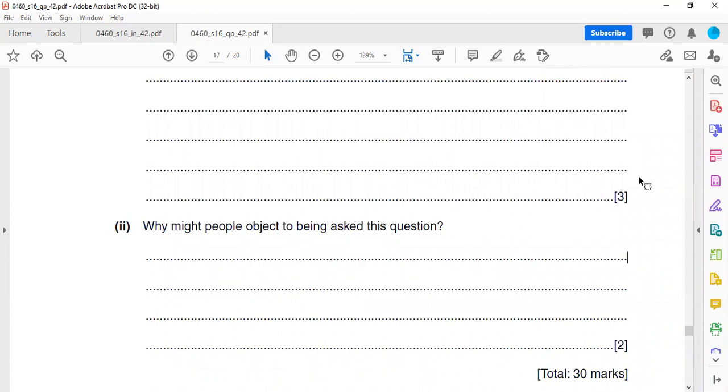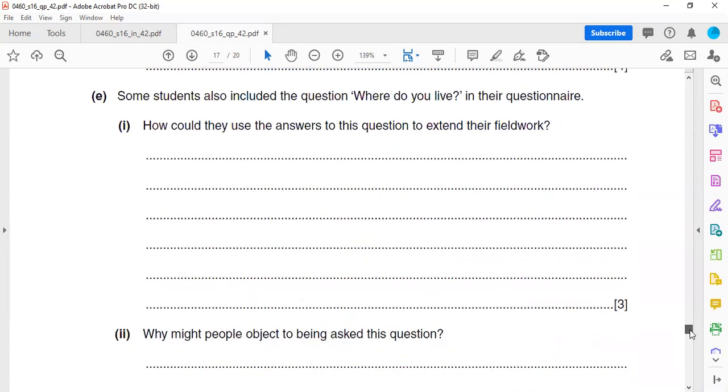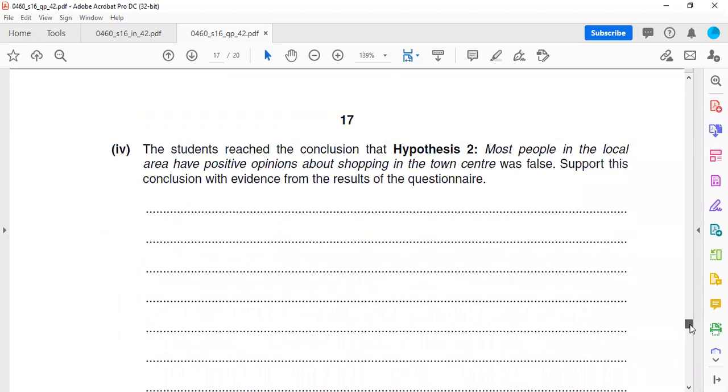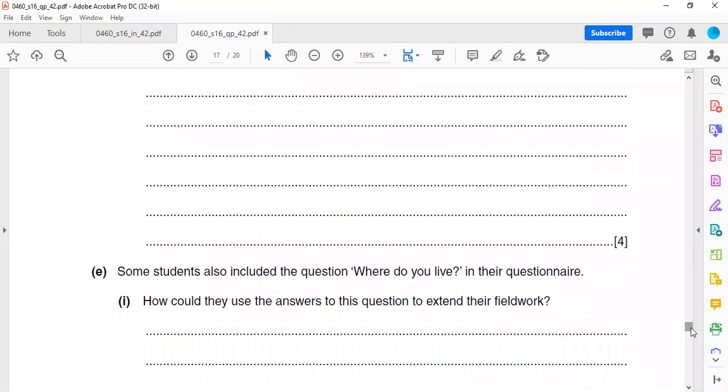Why might people object to being asked questions? Okay. I think this is one. Some students also included the question, where do you live, in their questionnaire. How could they use the answer in this question to extend their fieldwork? Well, I think if they discover that more people come from a certain area, they can perhaps go to that area to do more research.